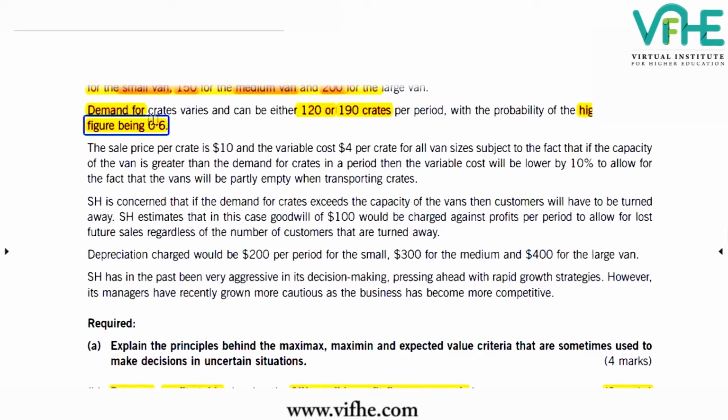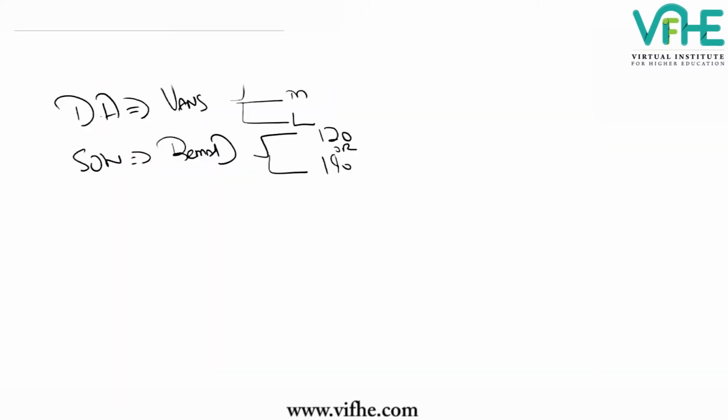And this is what you need to keep in your mind, that the higher demand probability is 0.6 and the lower demand probability is 0.4, and this is state of nature. Now, to identify how many outcomes there will be, it's very easy to figure out that there are 3 van sizes and 2 demand possibilities.